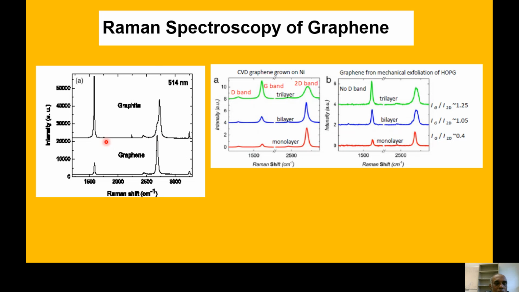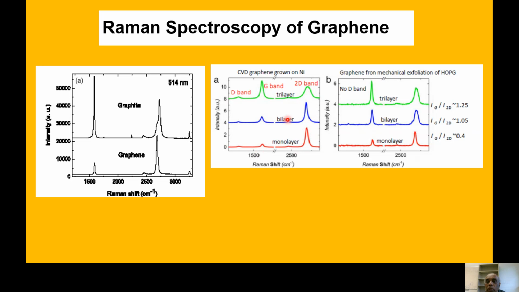This is the G band, about 1600 centimeter inverse. This is the second harmonic of the D band, the 2D. If you take monolayer graphene, this is how we usually find the quality of graphene. Your 2D band is more than 2 times stronger than the G band.